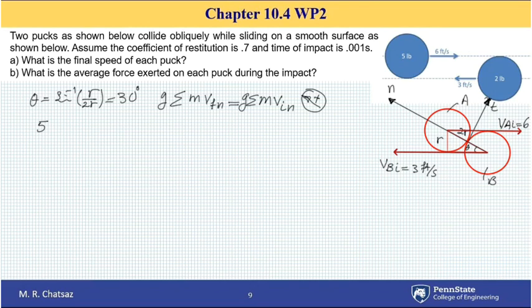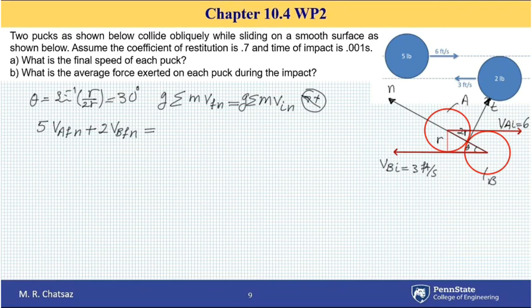Recall that pound is a measure of weight in mechanics. So that times the final velocity of A in the normal direction, plus for ball B, a weight of 2 pounds times the final velocity of B in the normal direction.